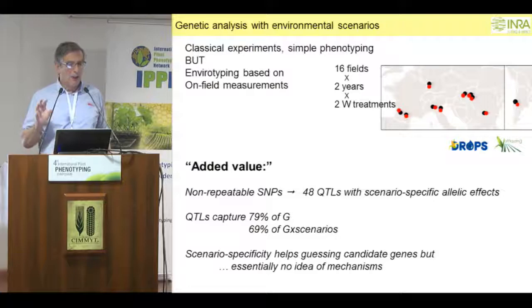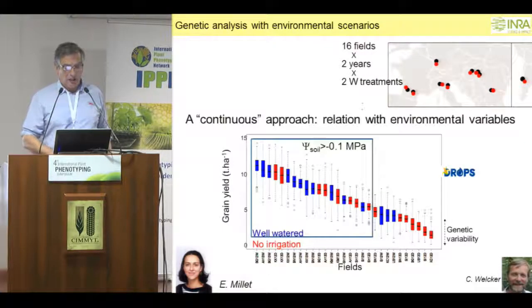So we can try to have something slightly different still in the field, which is to have a continuous approach in which we use relation with environmental variables. I will give just one example. The fields that were in well-watered conditions, so soil water potential above 0.1 megapascal.